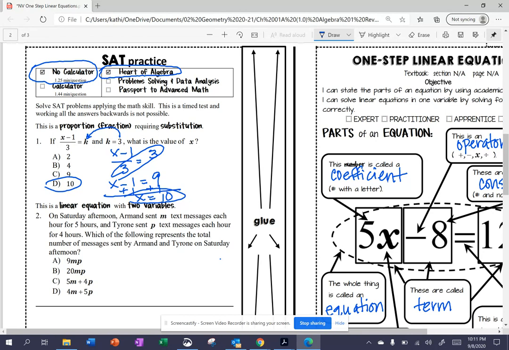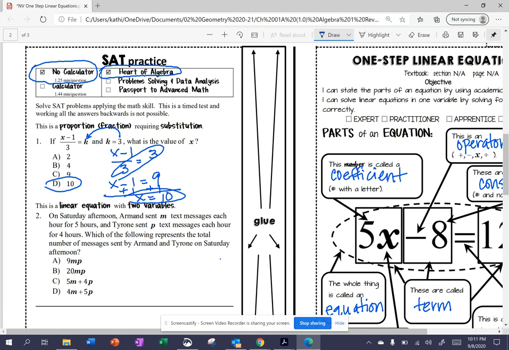A word problem. This is a linear equation with 2 variables. On Sunday afternoon, Armand sent M text messages each hour for 5 hours, and Tyrone sent P text messages each hour for 4 hours. Which of the following represents the total number of messages sent by Armand and Tyrone on Saturday afternoon?